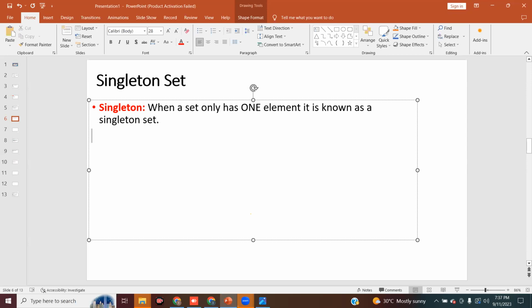Okay, in each case, let's do my examples. In each case, write or list the members of the singleton that's below.